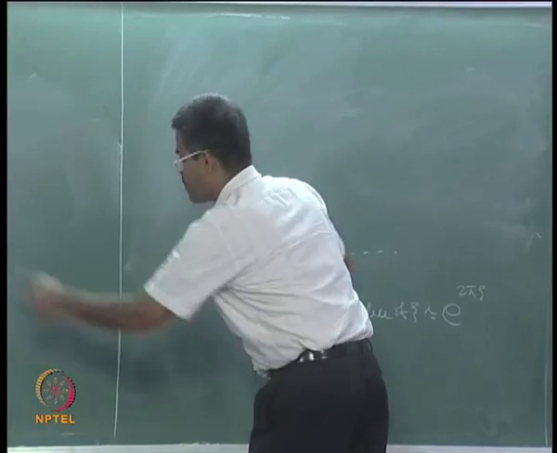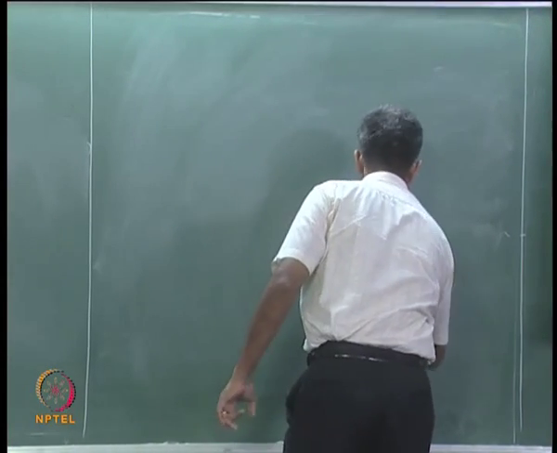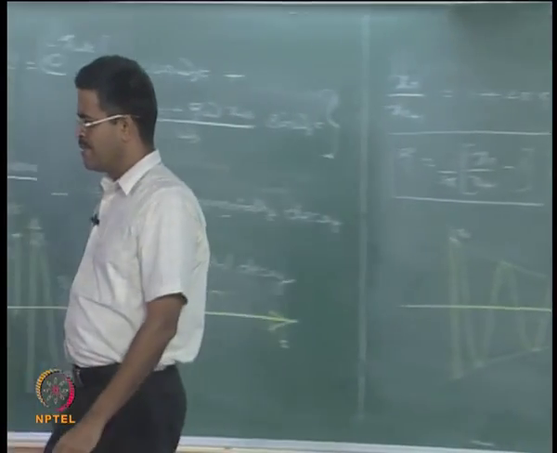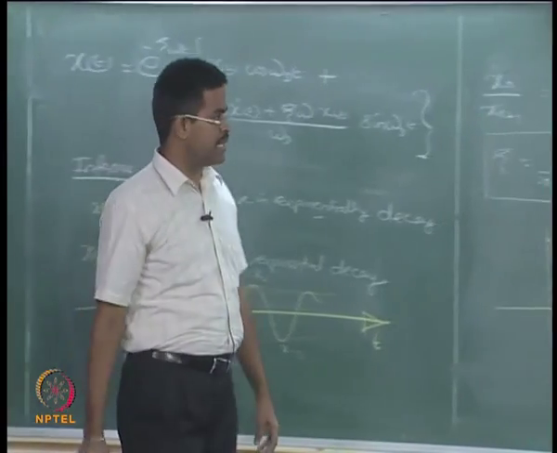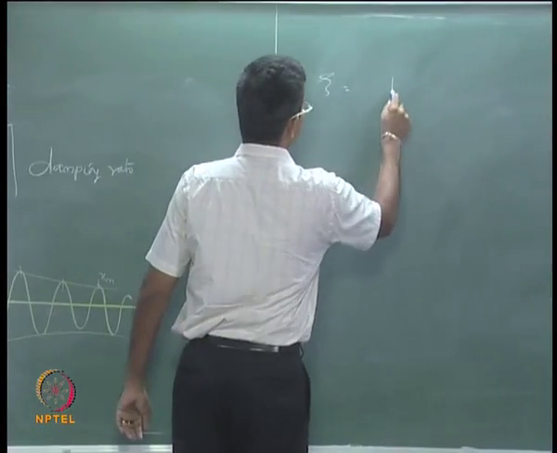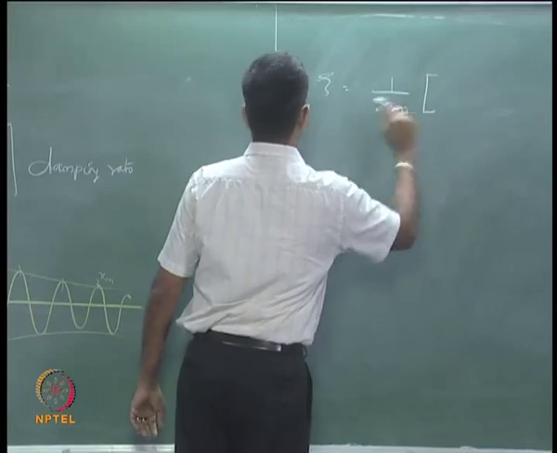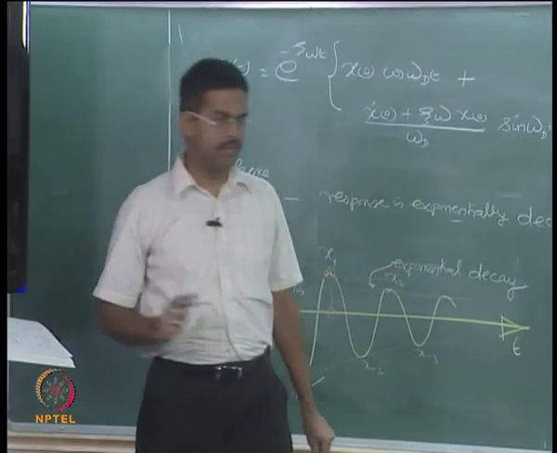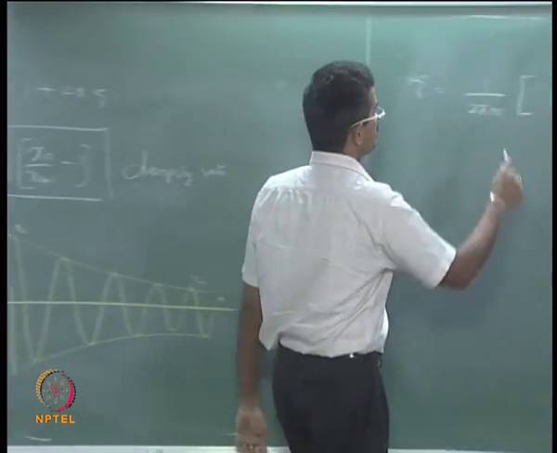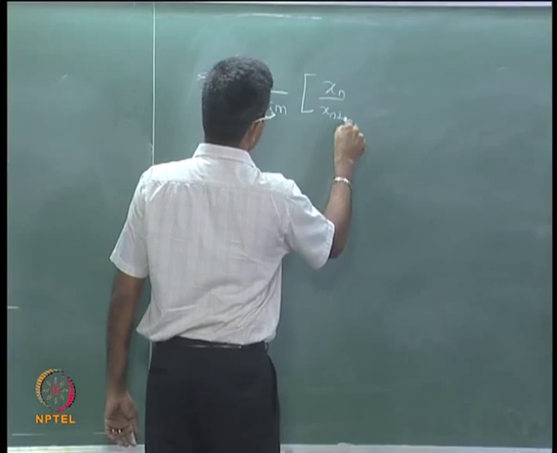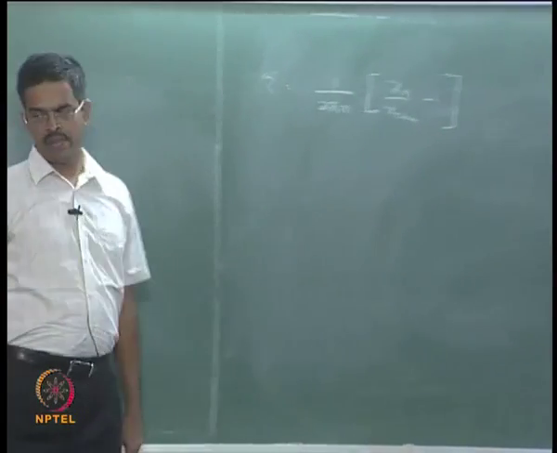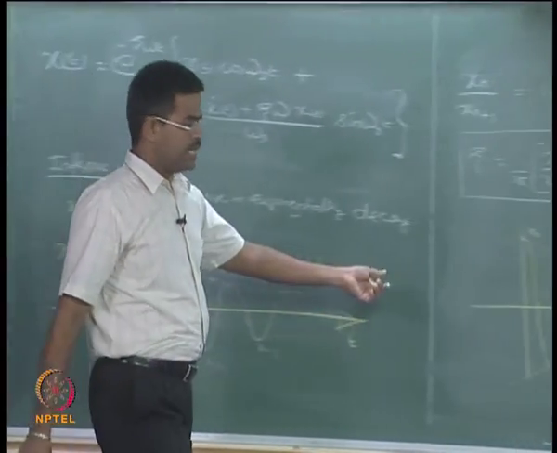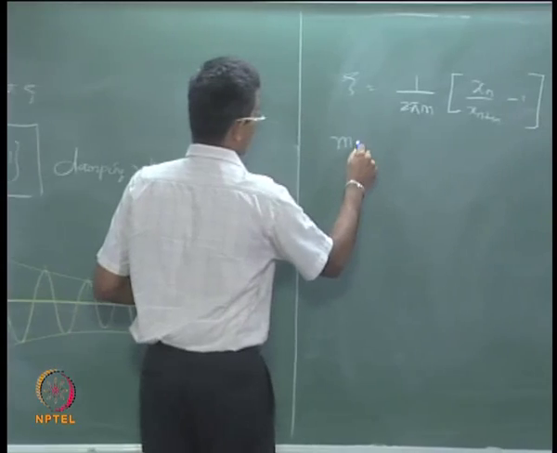So, if I try to get a plot like this and generalize the expression for obtaining zeta, then zeta can be obtained as 1 by 2 pi m of ln of xn by xn plus m minus 1. So, in the above example here m is 4.